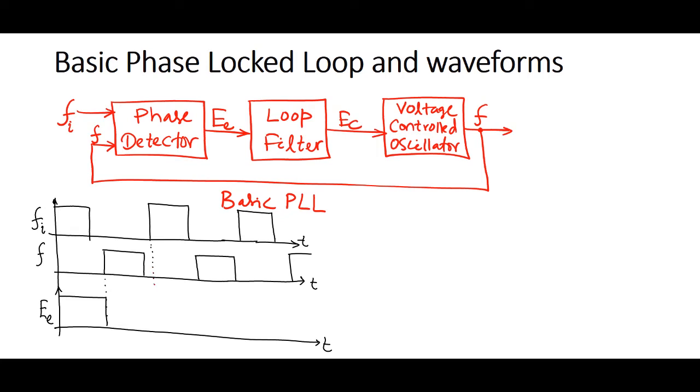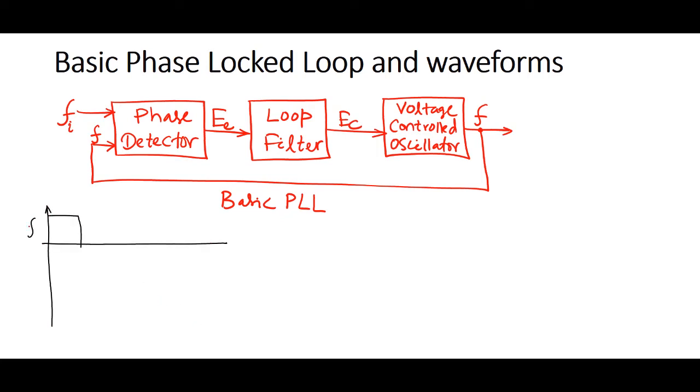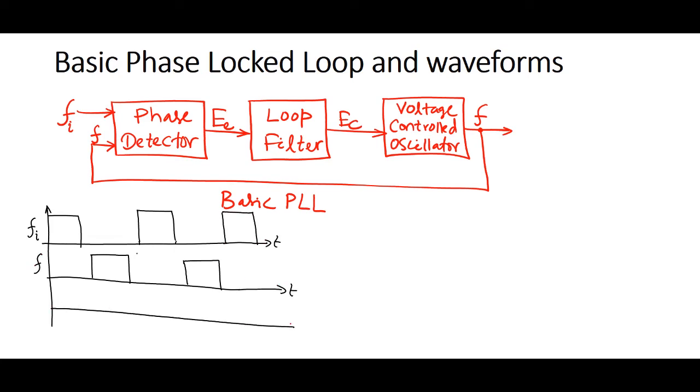The error pulse train gets high when the reference frequency F(i) gets high, and gets low when F gets high, at these two points. So, this is the error pulse train EE when F is lagging behind the reference frequency F(i).